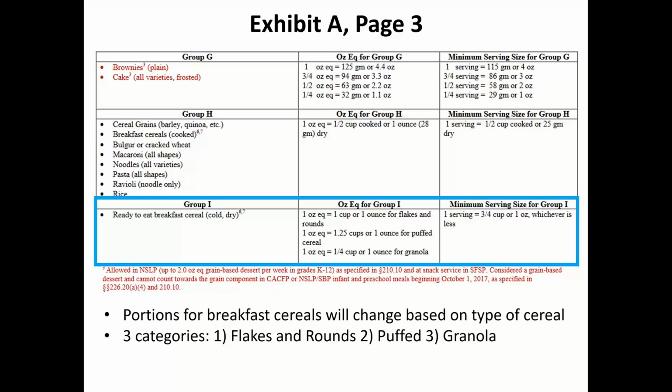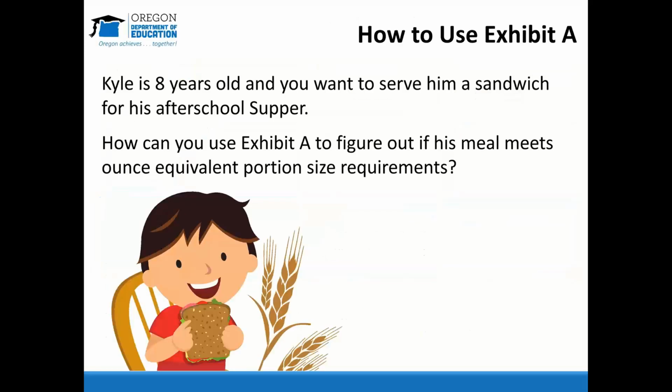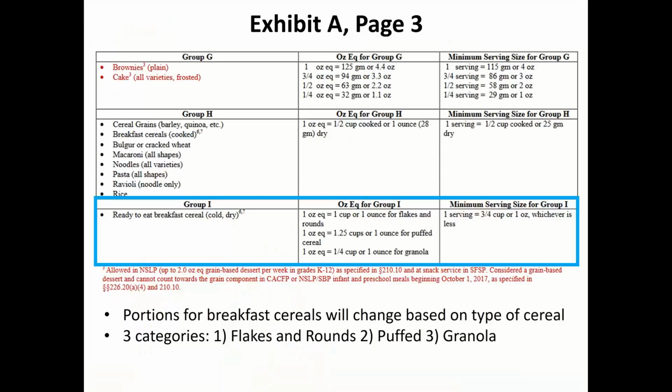And then breakfast cereals have probably the largest difference compared to the previous minimum serving size. If you can see that middle column right there, you can see that that has the ounce equivalents broken up into 3 distinct groups for cereals. One is for flakes and rounds, one is for puffed cereal, and one is for granola.